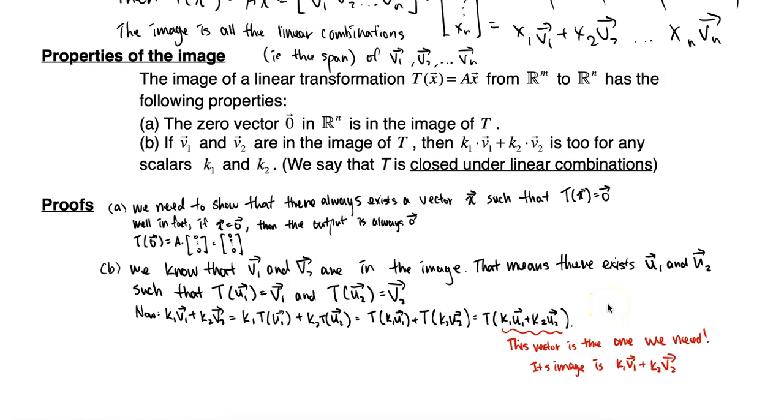So we've reached what we wanted. We've been able to show that k1 v1 plus k2 v2 is the image of something. That something is this vector right here. So this vector is the one we need. Its image is k1 v1 plus k2 v2.